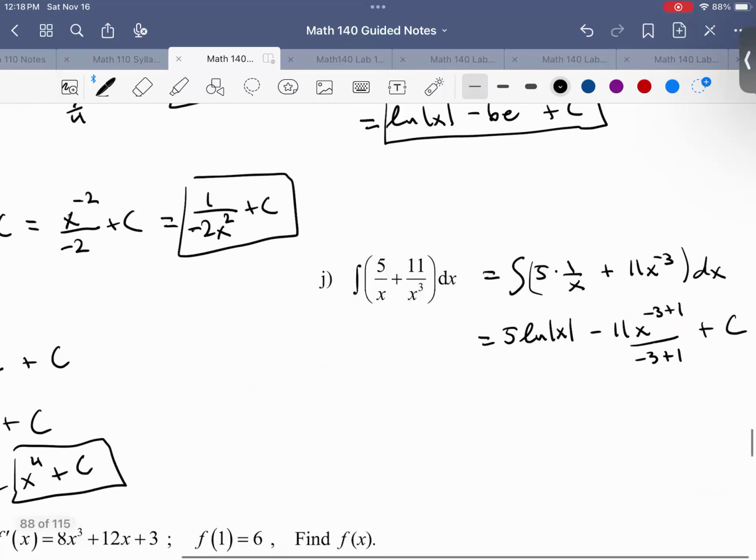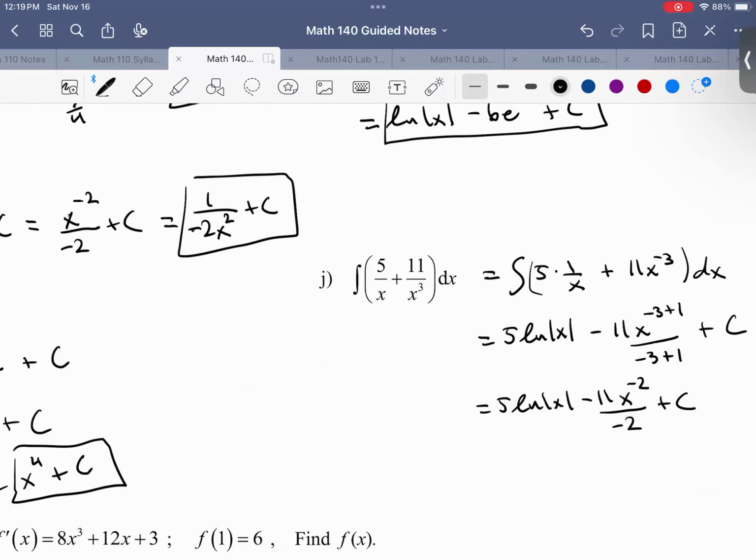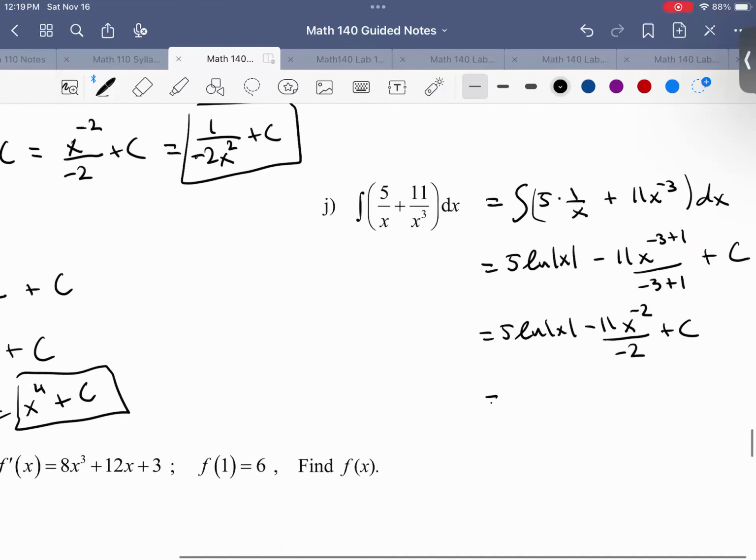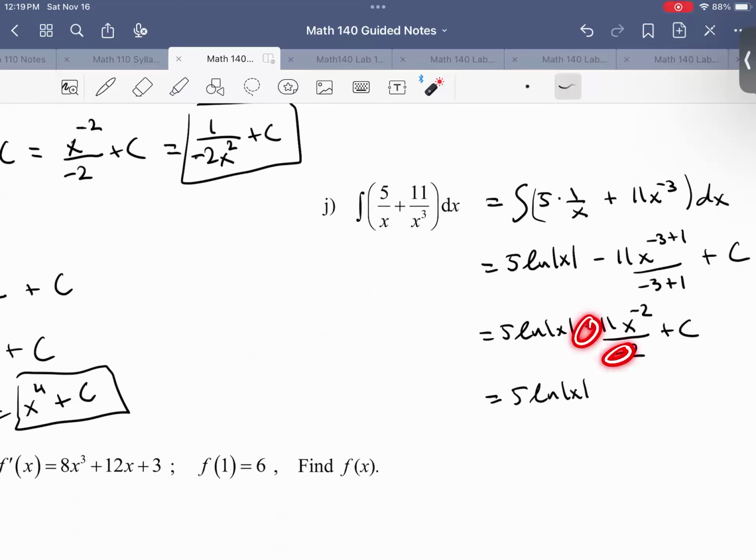So if we simplify this, we get 5 natural log of x minus 11 x to the negative 2 all over negative 2 plus c. So I want to rewrite this one more time. 5 natural log of x, and I'm going to simplify out this negative. 2 negatives make a positive, and make it a fraction.